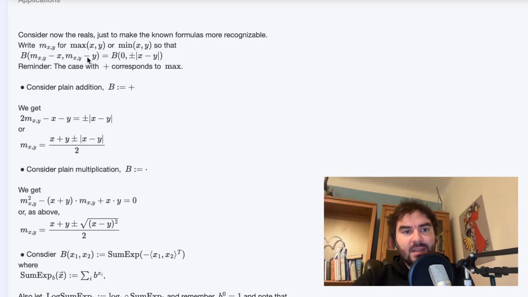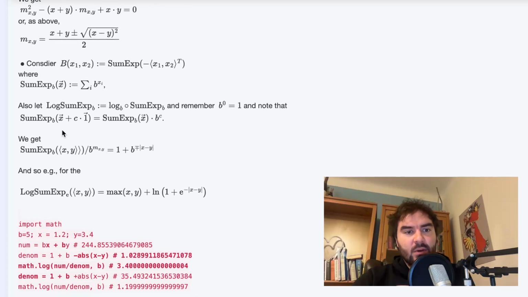Max minus x, max minus y, you might think of it. So we can use this calculation rule with pulling out the constant. We get this kind of thing. It's divided because there's a minus sign. We can bring this over, and then suddenly we have a formula that relates the SumExp with the maximum and this absolute value norm function, right?